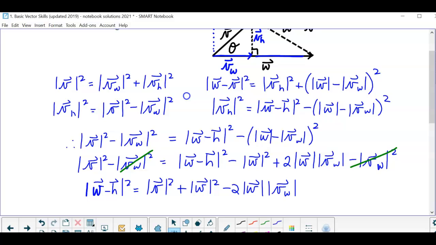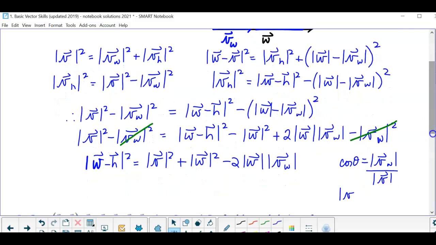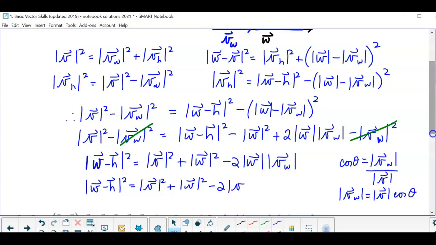Then, if you take a look at your diagram, compared to theta, VW is the adjacent, so cos of theta is the projection over the hypotenuse V. So if we solve for VW, and then we just replace it. Let's put in alpha order. And that's the cosine law.